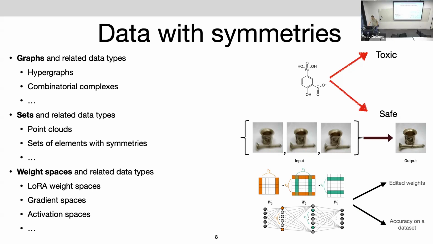And interestingly, those weights have their own symmetries as well. So this is a very particular and interesting case of geometric deep learning on its own. In that case, we are interested in learning on standard weight spaces of MLPs and CNNs, but also on LoRA weight spaces, on gradients of models, on activation spaces, and so on. Hopefully, we will be able to talk about that at some future meeting.